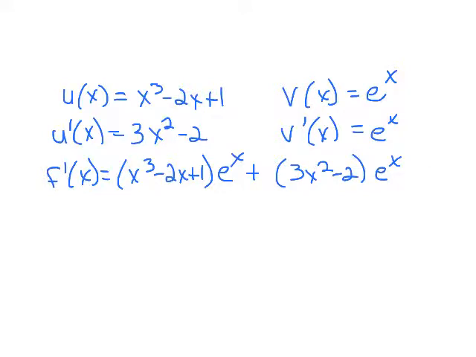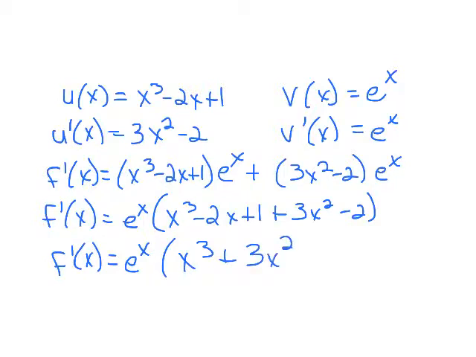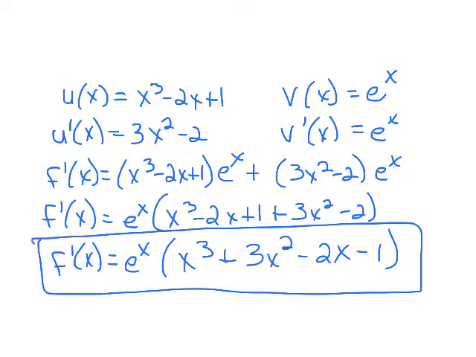If you did that, or I could actually bring my e to the x out in front, e to the x, and then I have a bunch of terms, x cubed minus 2x plus 1 plus 3x squared minus 2. So here's one way to represent the derivative, e to the x times x cubed plus 3x squared minus 2x minus 1. And that's using the product rule.